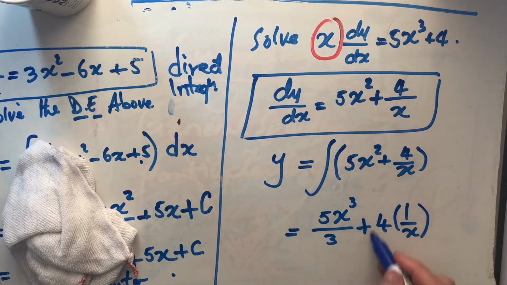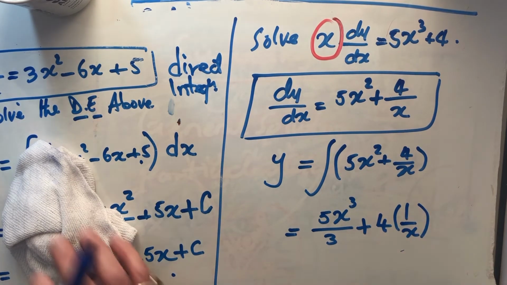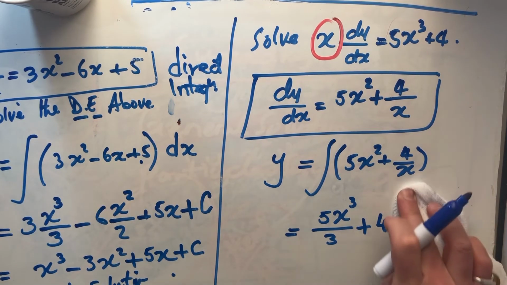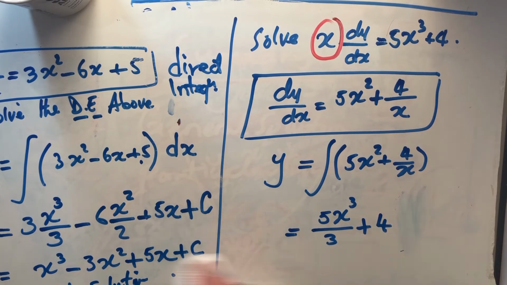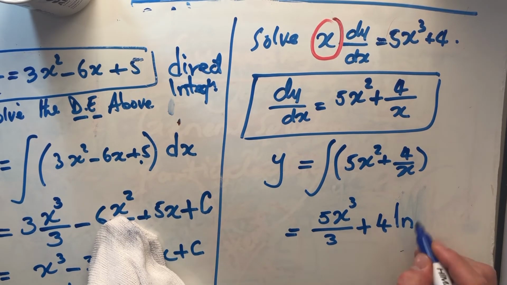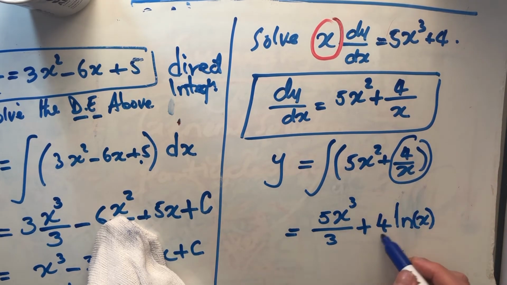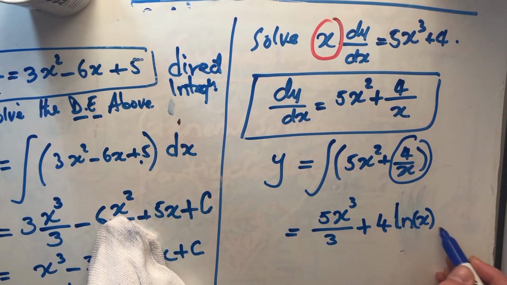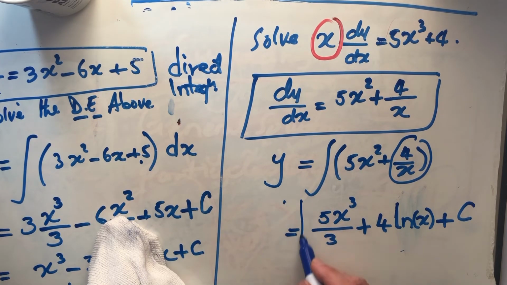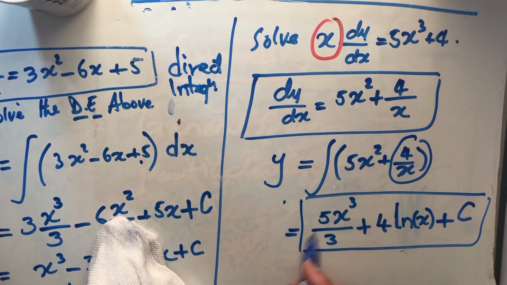The integration of 1 over x is the natural log, ln of x. So this gives us 4 ln x plus the constant of integration. And that is the solution. That is the general solution.